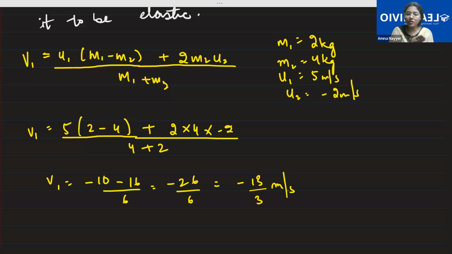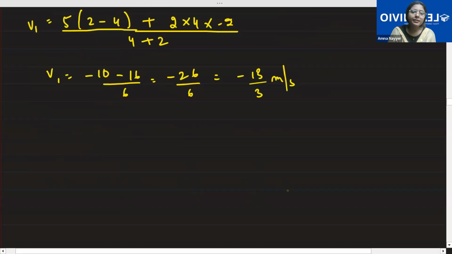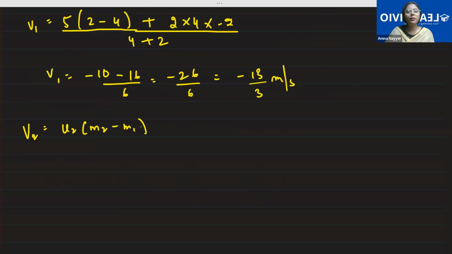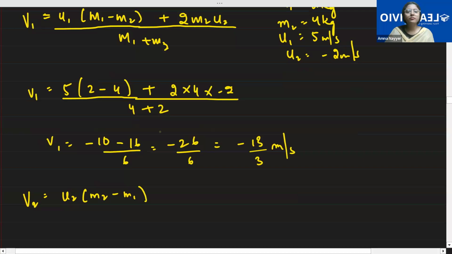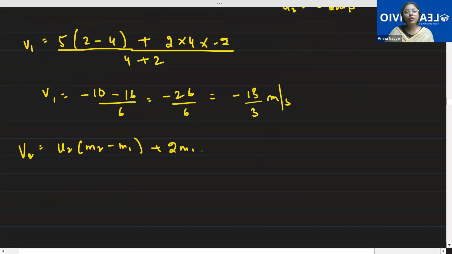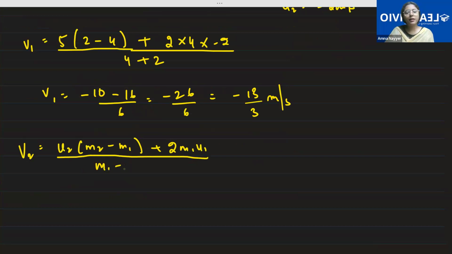Similarly, if we talk about the second velocity, V2, this will be equal to U2 times (M2 minus M1) plus 2 M1 U1, divided by M1 plus M2. So we'll have to put in the values here.